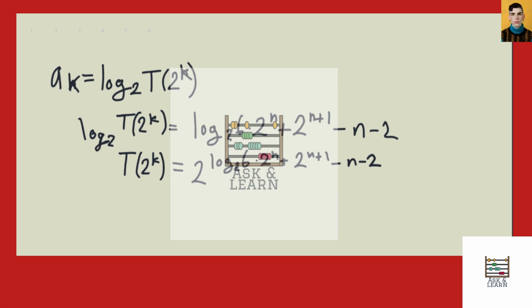I suppose we should use these k's. Okay, and when we do that, this is going to be equal to 6 to the power of 2 to the power of k times 2 to the power of 2 to the power of k plus 1 times 2 to the power of negative k times 2 to the power of negative 2.